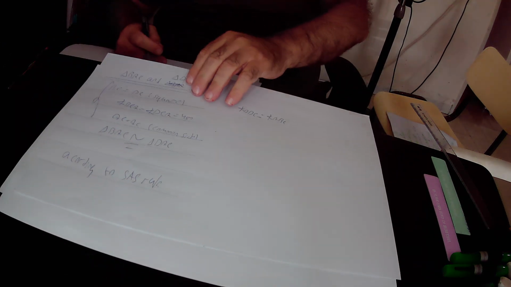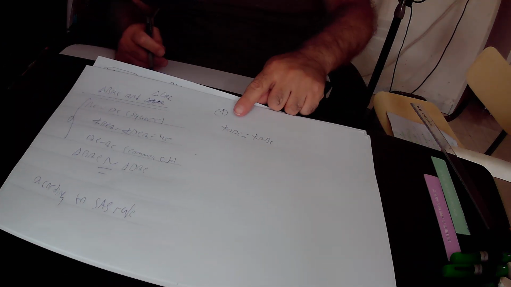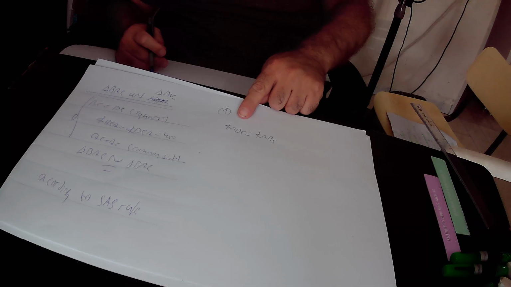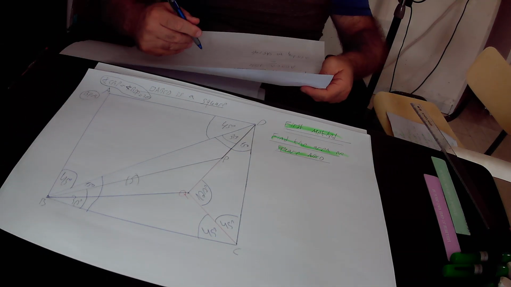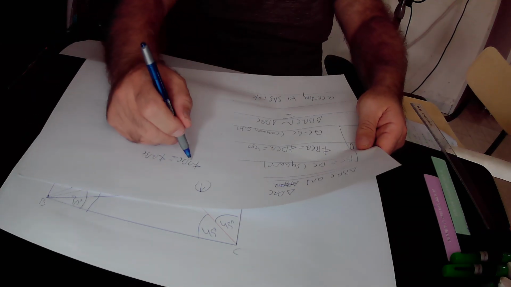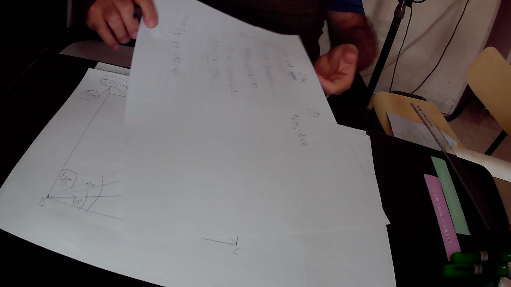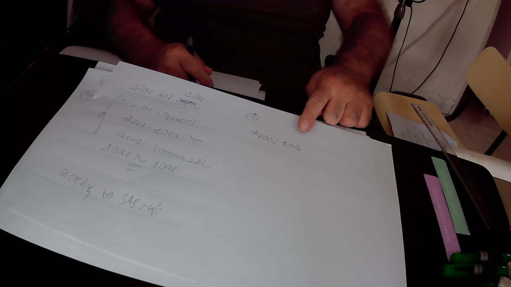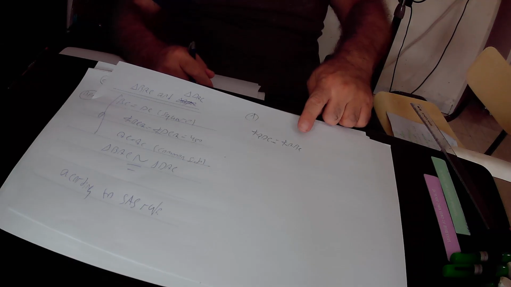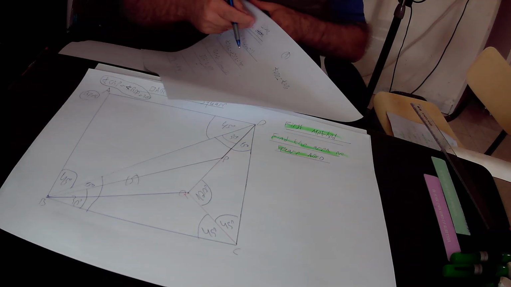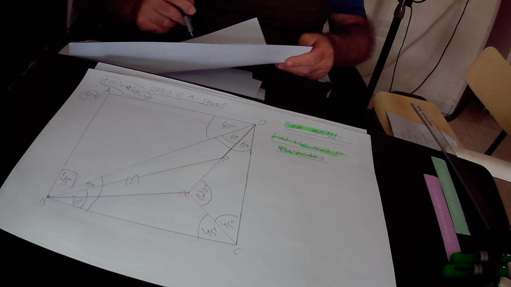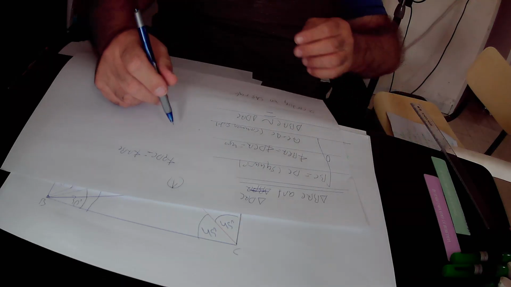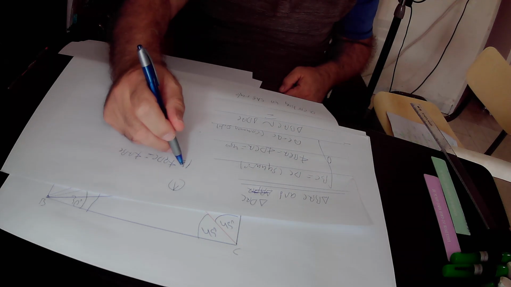Again, angle QDC equals angle QDC in triangle QDC equals angle QBC in triangle BQC. But we only found out that angle QDC equals 15 degrees. We can argue that angle QDC equals 15 degrees in its size.